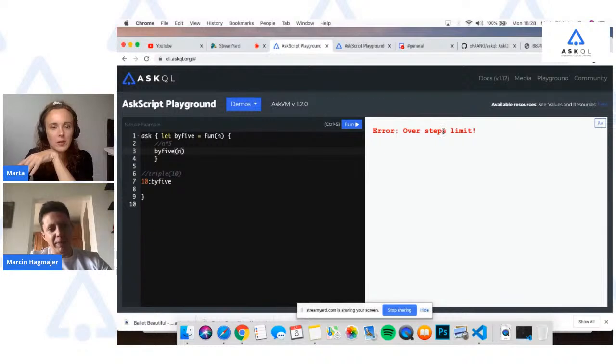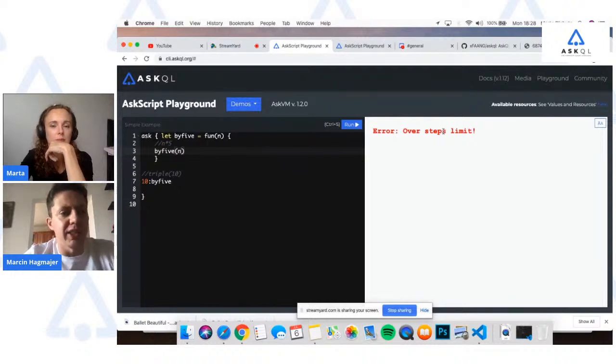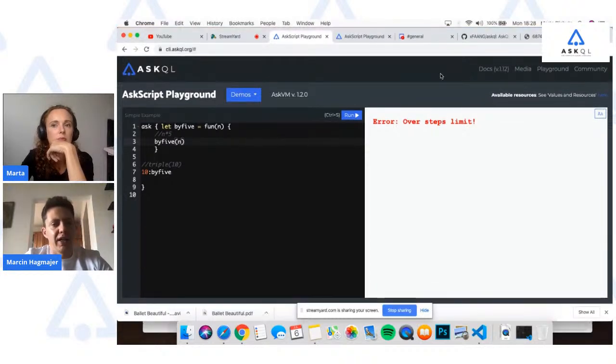I would guess maybe 300 times, because at this stage the language really isn't optimized for heavy computations. It's more optimized for the networking aspect. As we optimize it more, there will be more steps available to you. Okay. So we can figure it out.